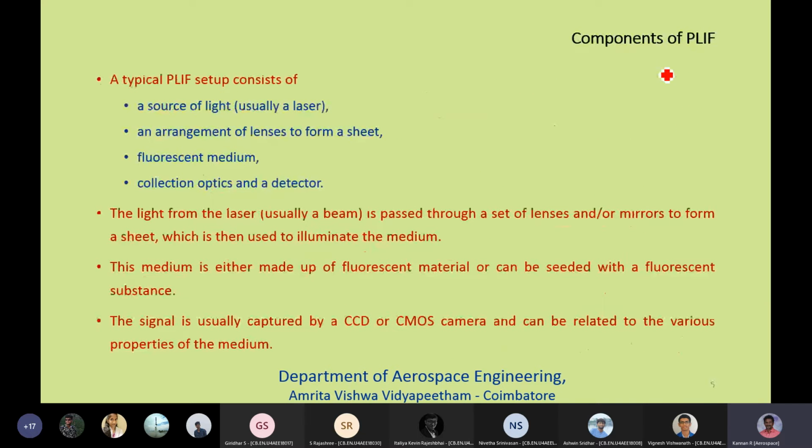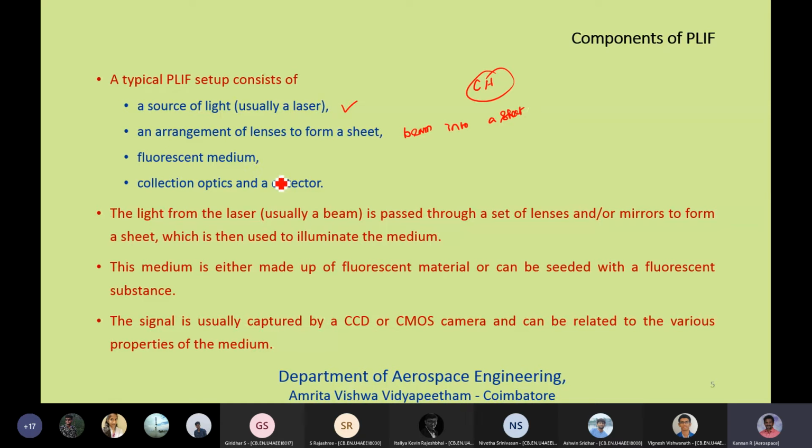Look at the components of FLIP. You need a source of light, usually a laser, or as I mentioned earlier, if you go for CH, you can go for a self-excited flame. The flame itself is sufficient, but there you get only qualitative pictures. You need an arrangement of lenses to convert a laser beam into a sheet.